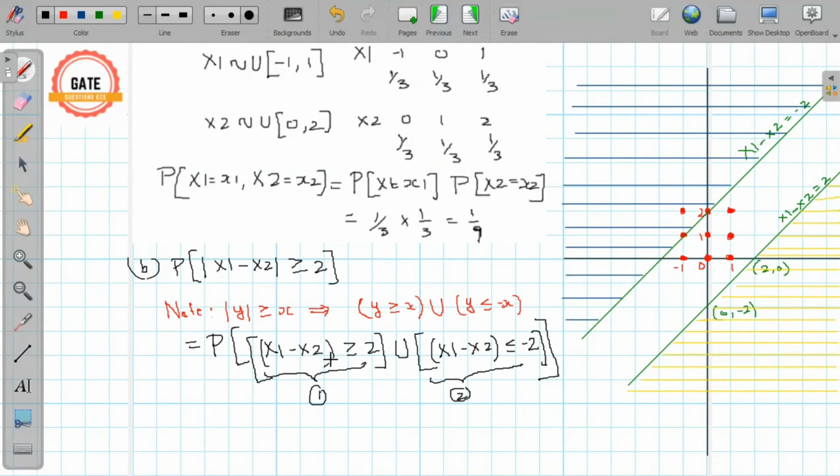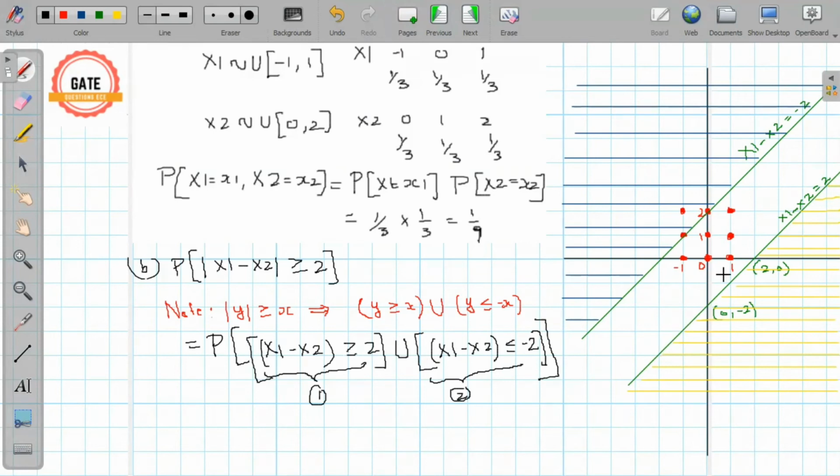So you can see that region 1 is the region that includes the x1 minus x2 is equal to 2 line plus the region in which x1 minus x2 is greater than 2.